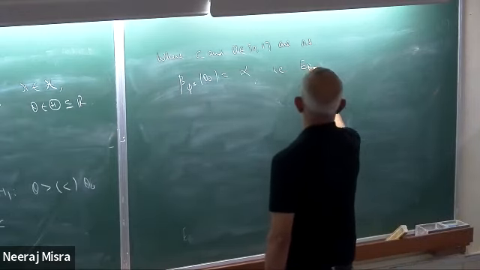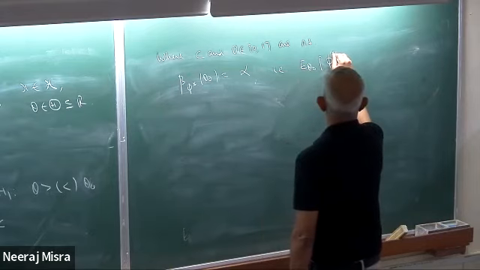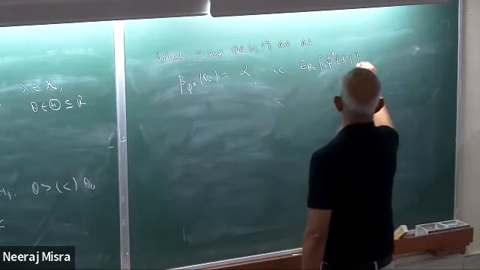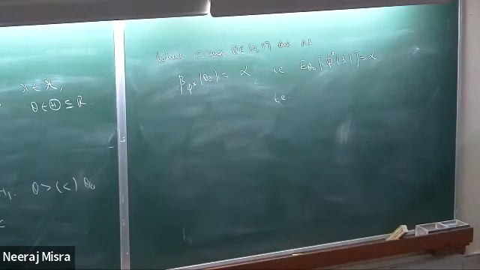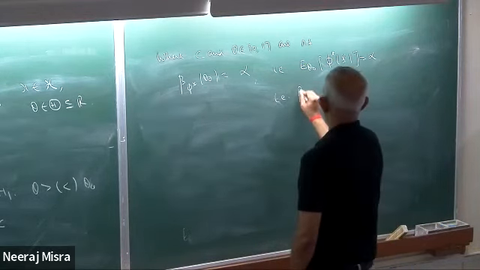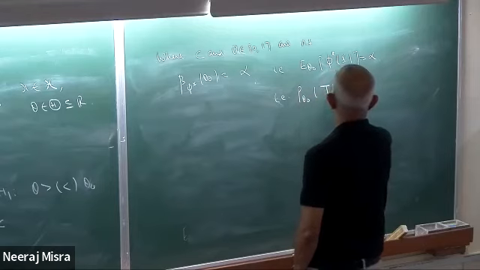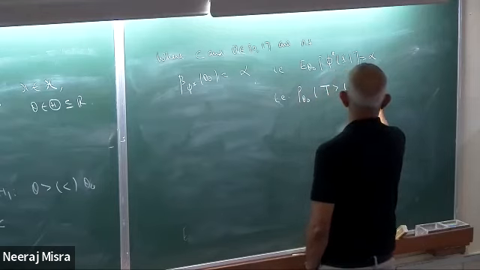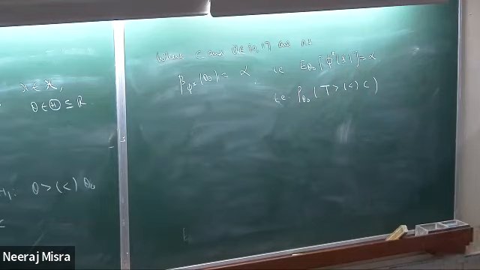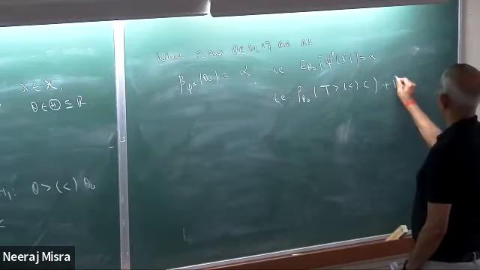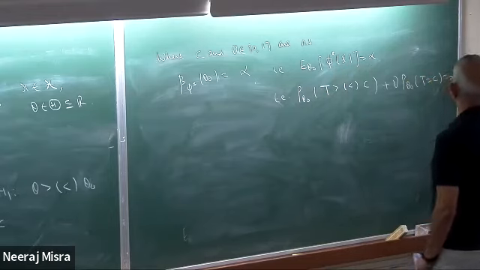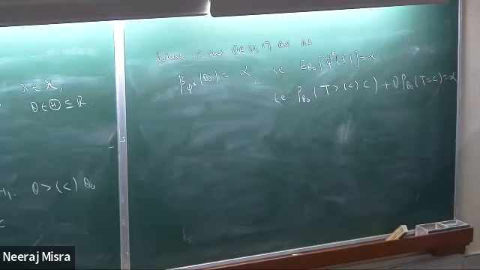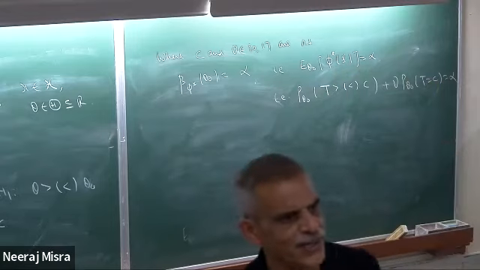That means E theta naught of phi star X is the same as alpha, which is equivalent to saying that probability under theta naught of T greater than, or less than, C plus gamma times probability under theta naught of T equal to C is alpha. Is that okay? So for all exponential families, you don't have to do anything.